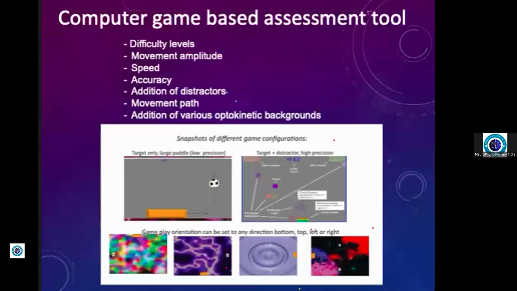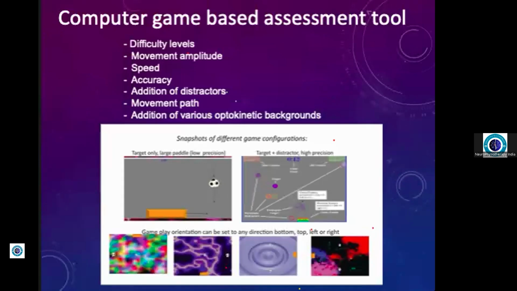The computer game-based assessment for upper extremity, or we call it the Q assessment, is a versatile tool which can be programmed for assessing different parts of your performance.